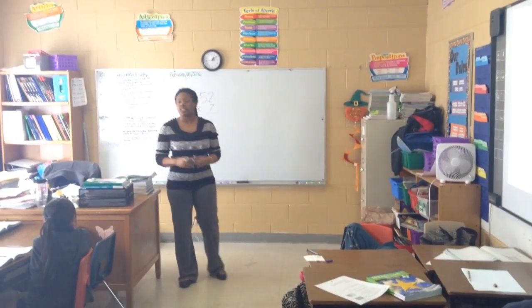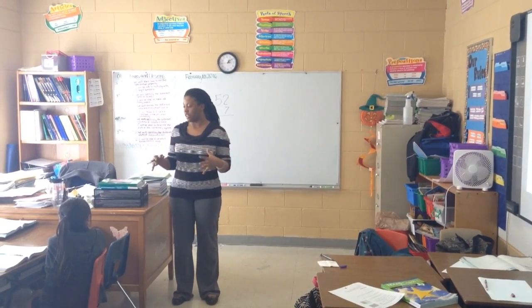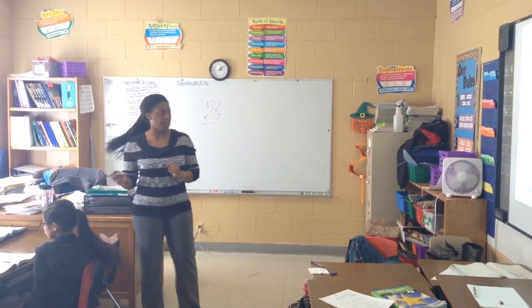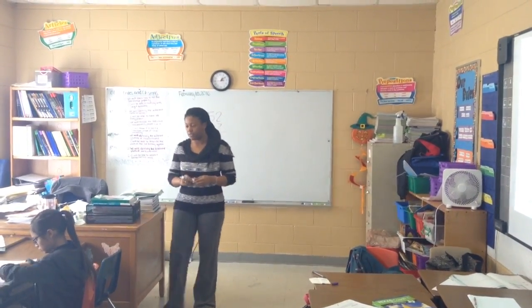Now, this is similar to the distributive property, and they call it finding partial products. You see that it's in bold in your book on page 212. So you should be on page 212.